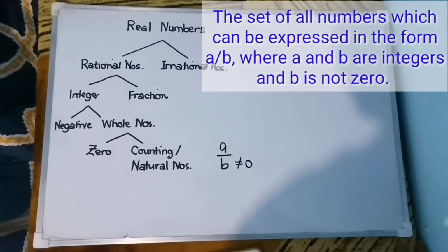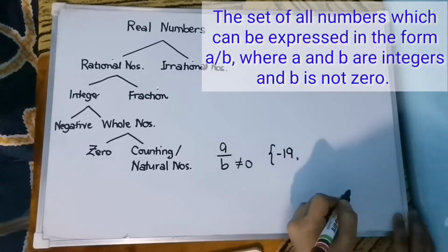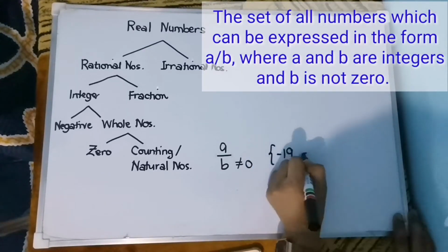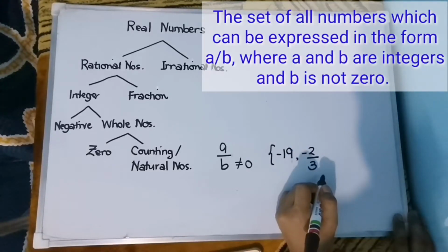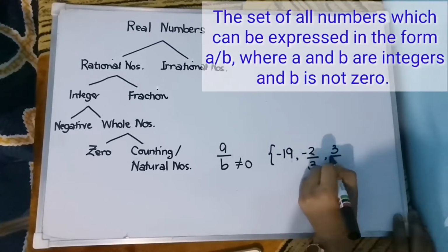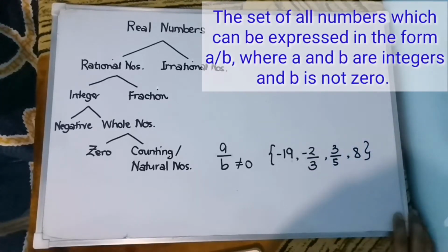So, magbigay tayo ng example ng rational numbers. So, example, negative 19, negative 2/3, 3 over 5, 8. So, these are the examples of rational numbers, wherein it is in the form of A over B. Yan.